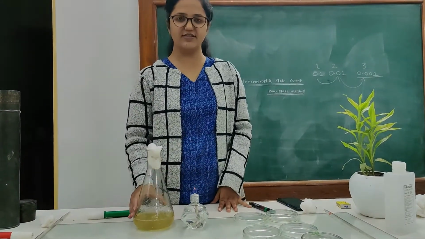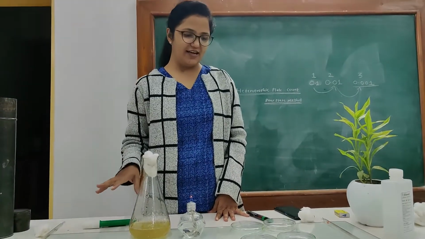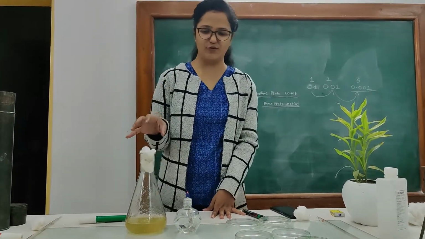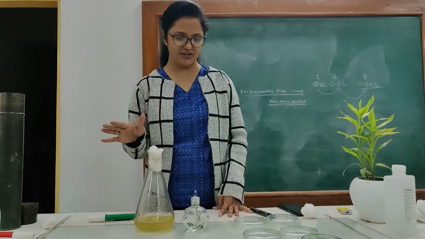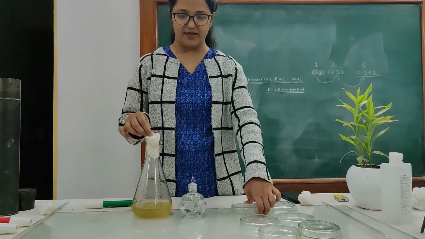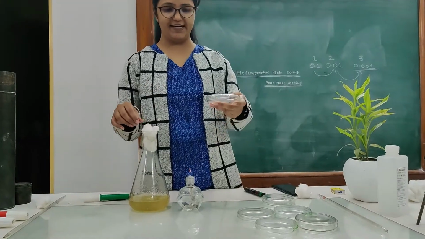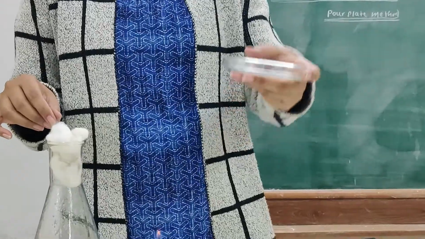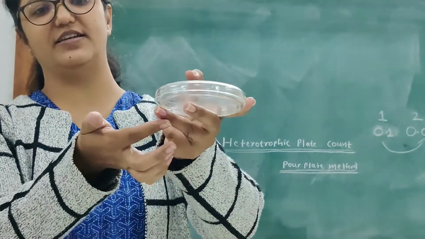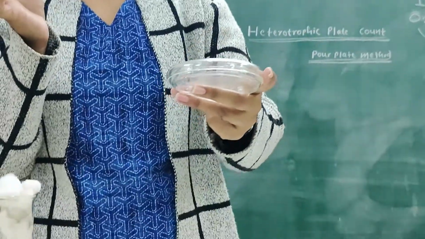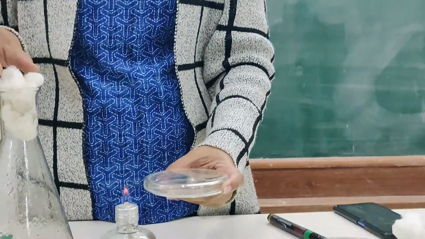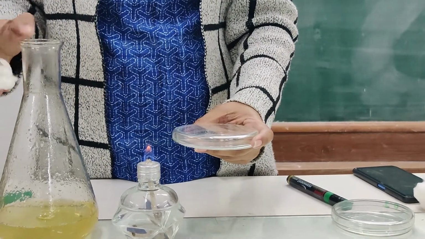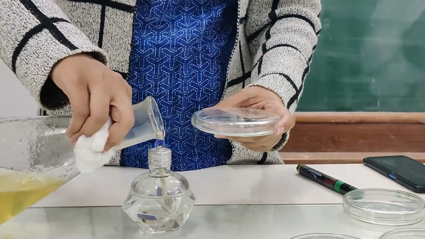Now this is nutrient agar. What nutrient agar is and what it is used for is all in your procedure. Now hold the Petri plate like this in front of the flame, with these 3 fingers. Then open it near the flame. Never keep your cotton plugs down.